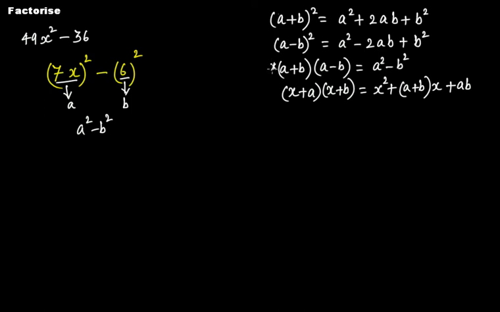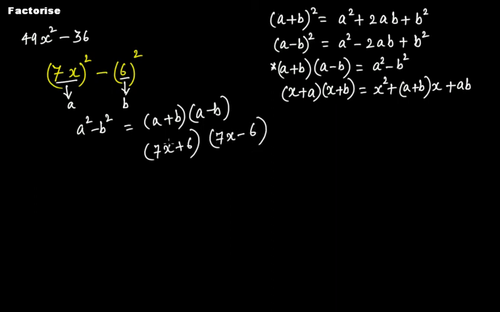So again, with this algebraic identity, this is a plus b multiplied by a minus b. a is 7x and b is 6. So this is the factorization of this algebraic expression.